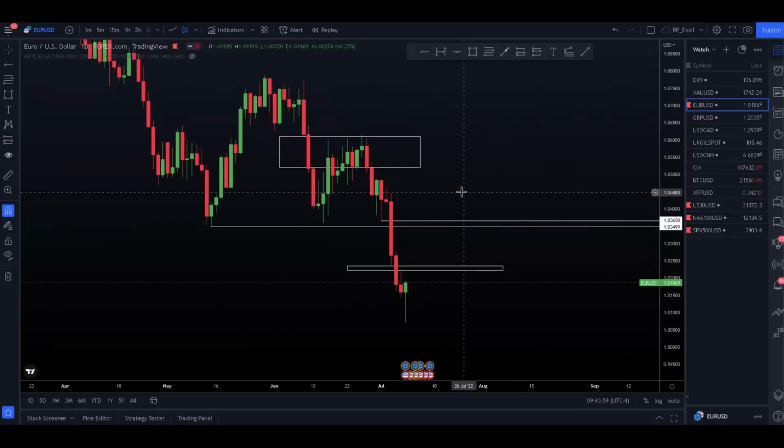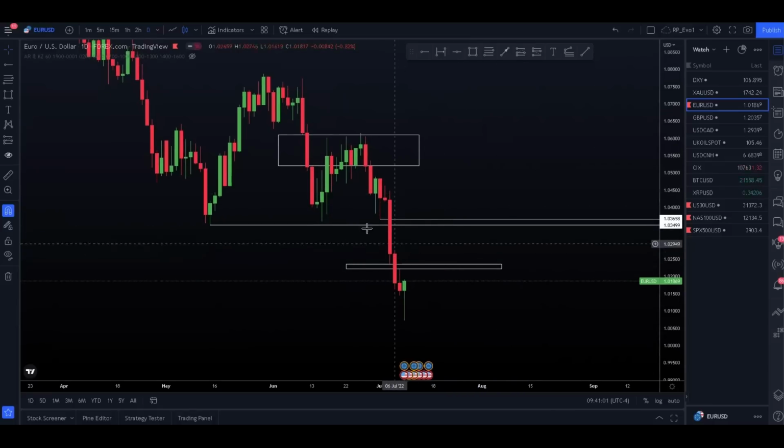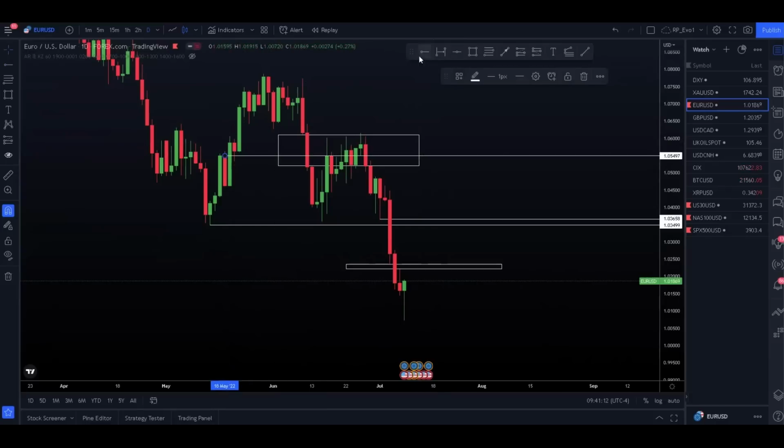I'm looking mostly at imbalances, not so much order blocks. Order blocks I can use for targeting purposes. If I was shorting from here, I would mark the body of this candle as the order block, to exit or at least take partial profits. But mostly I'm personally interested in imbalances.